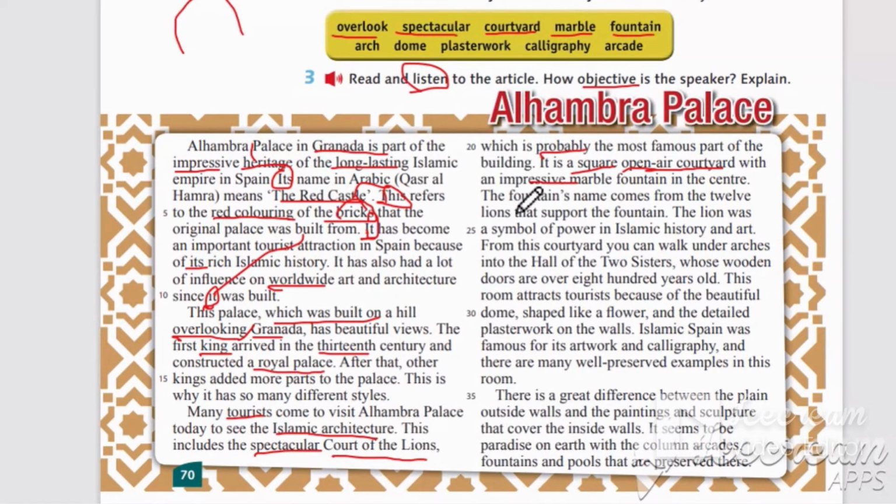Okay. The fountain's name comes from the 12 lions that support the fountain. It was named the court of lions after the 12 lions. The name came from the 12 lions that support the fountain, that hold up the fountain. Now I will show you a picture of this fountain.